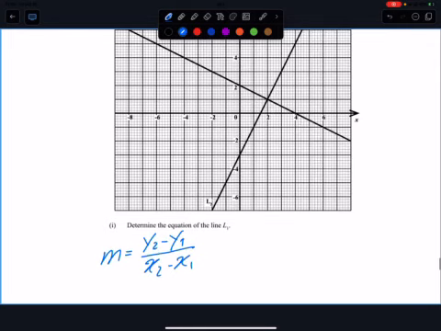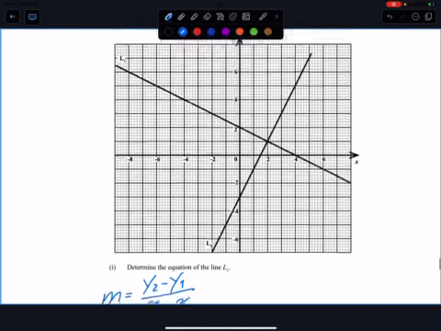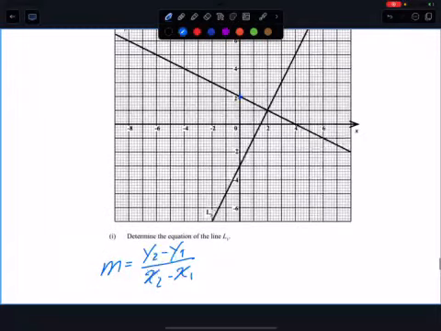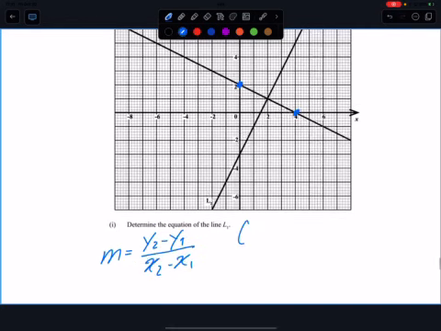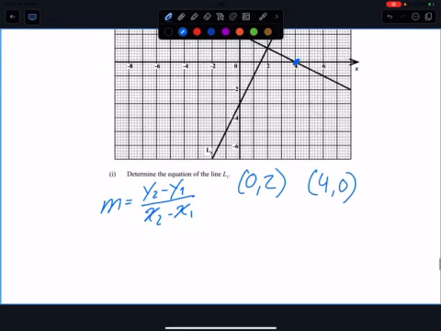So all you had to do was take two coordinates of L1. Choose the easiest ones. One is 2, 0, and then 0, 2, and 4, 0. x1, x2, y1, y2.